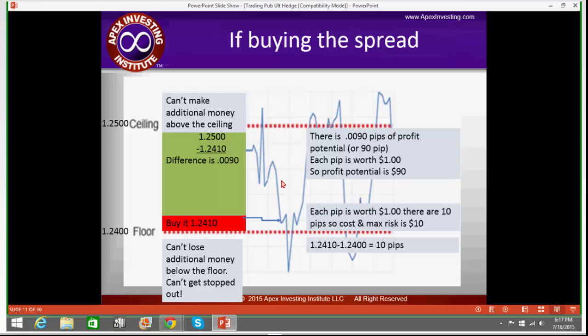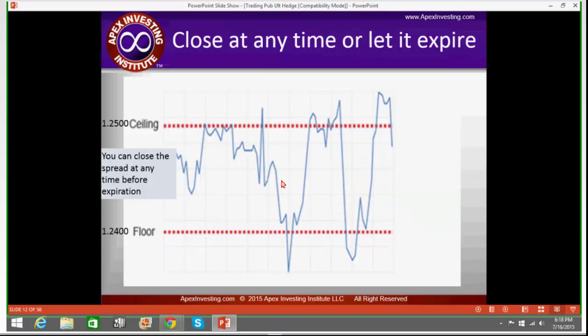You can buy in the middle of a spread. All depends on where the market is at that particular time that you're getting into the order. Okay, so you can enter anytime and you can also exit anytime. You do not have to hold the spread until expiration.